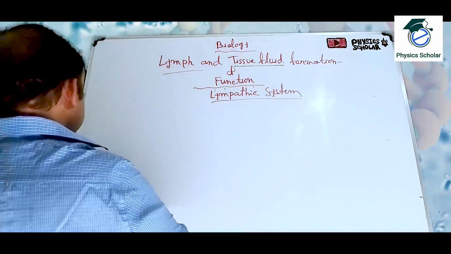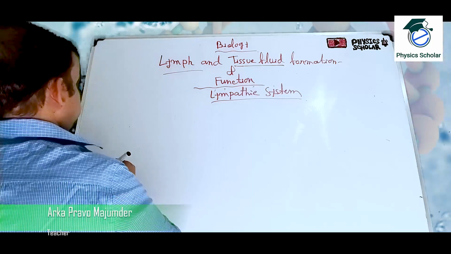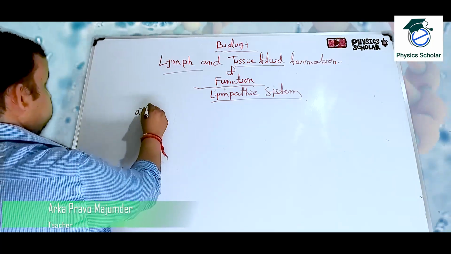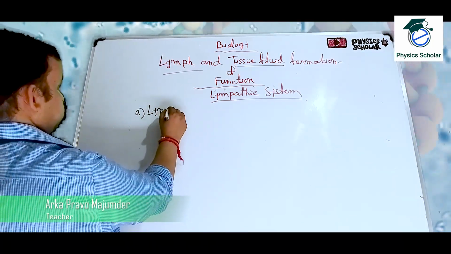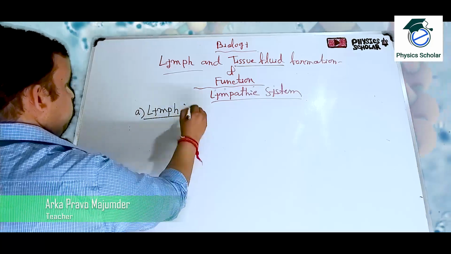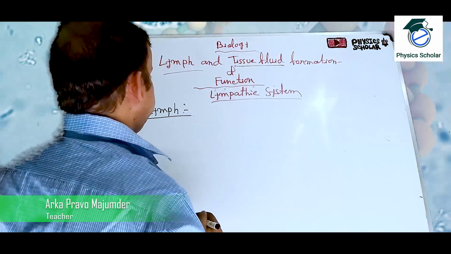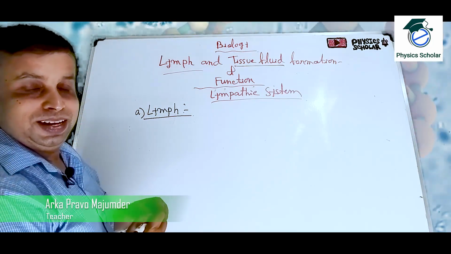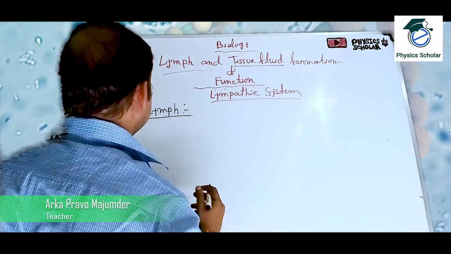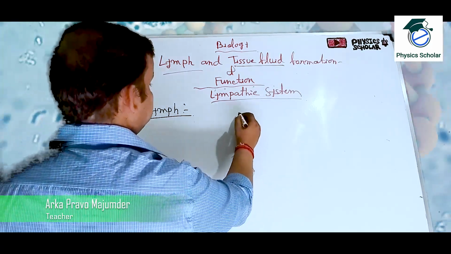So the lymphatic system consists of first, lymph. I have already discussed what lymph is. Now how will the lymph be generated?